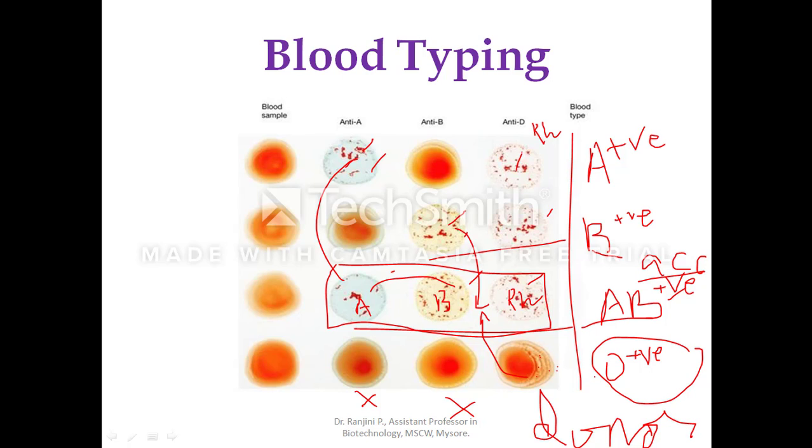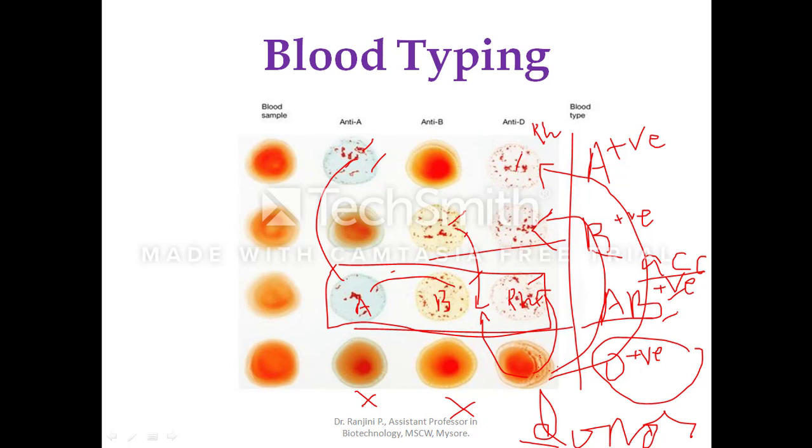This blood group could be used for an individual having AB, could be used for an individual having B, could be used for an individual having the blood group A. But the person who is having the O blood group should receive the blood only from the O individual. That's why O is considered as universal donor.